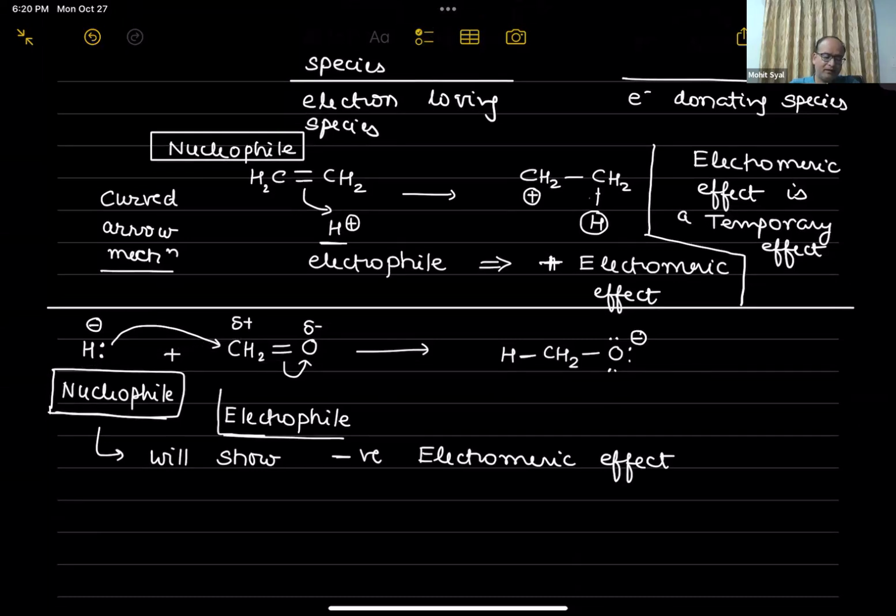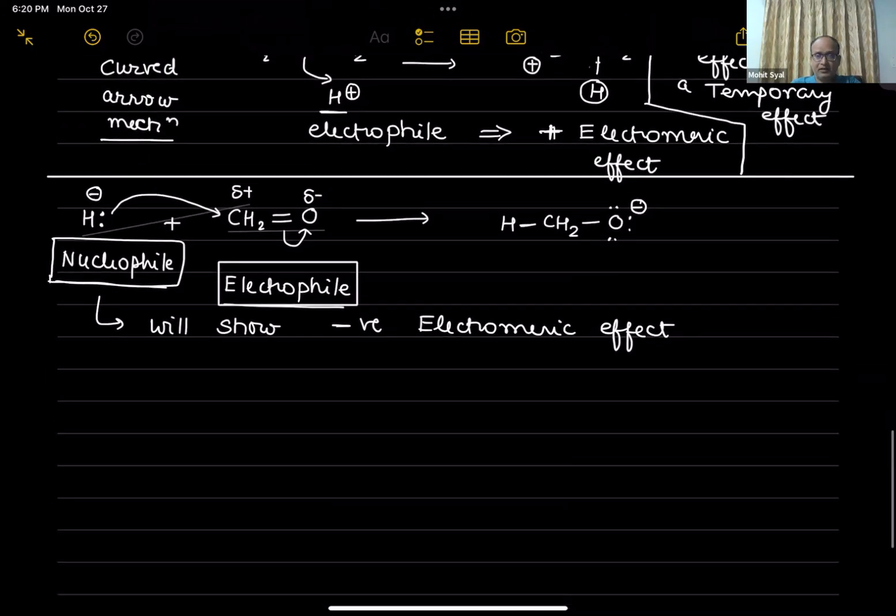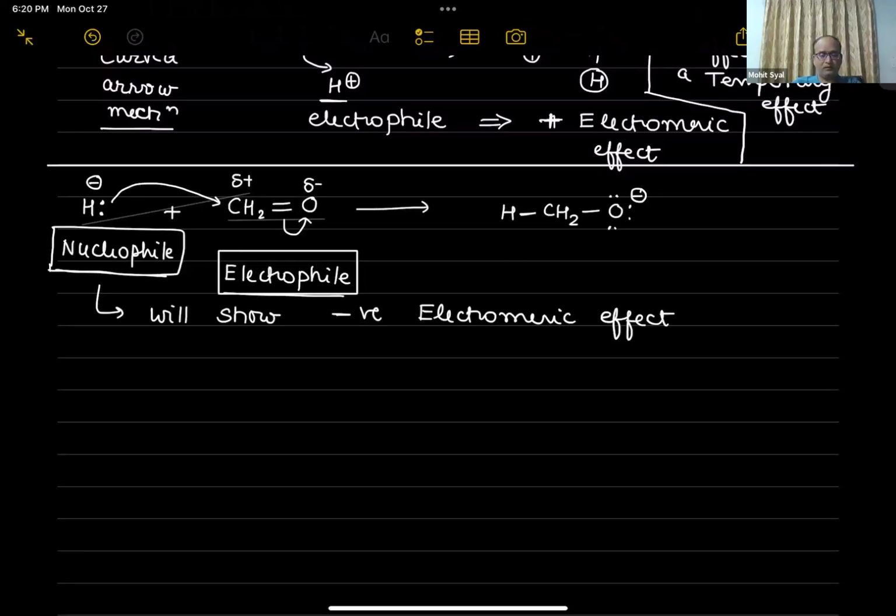Maha, Nabila, just have a look and tell me if anything is not clear: where I have put what charges, how I have moved the electron, what number of bonds I have put. Be very clear. Shall we proceed? Yes. Okay, good.